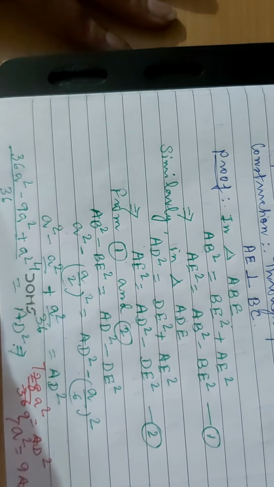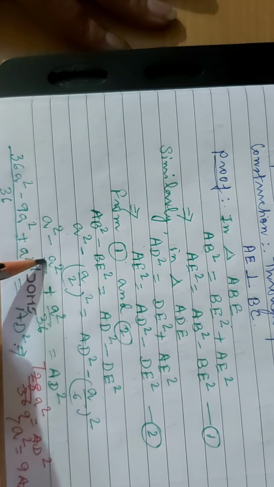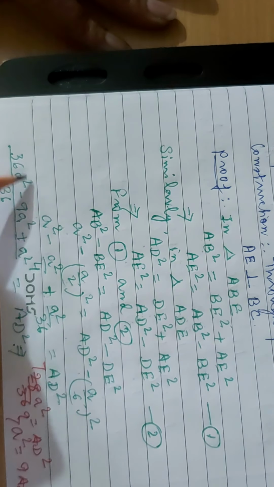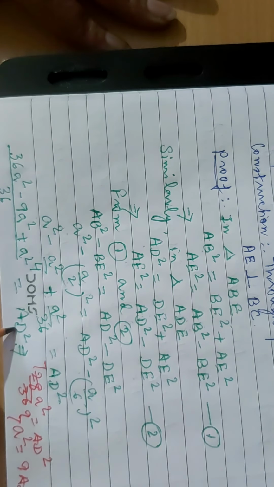Take 36 as LCM: 36A square minus 9A square plus A square, this is equal to AD square.